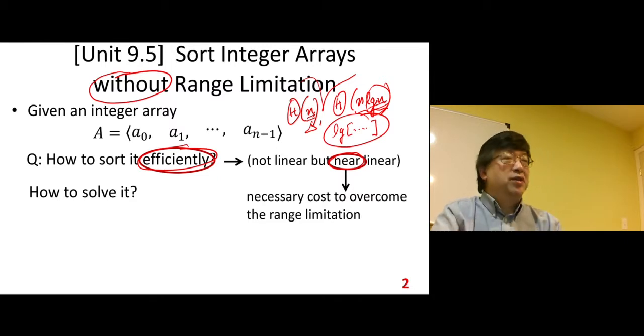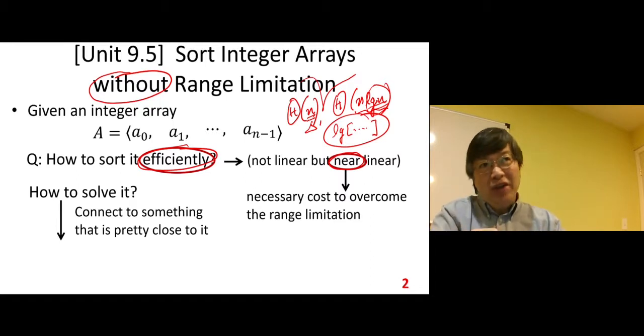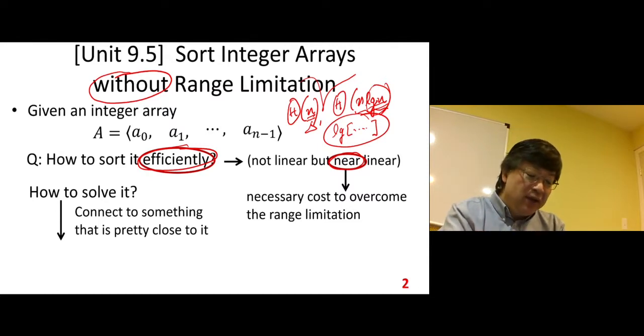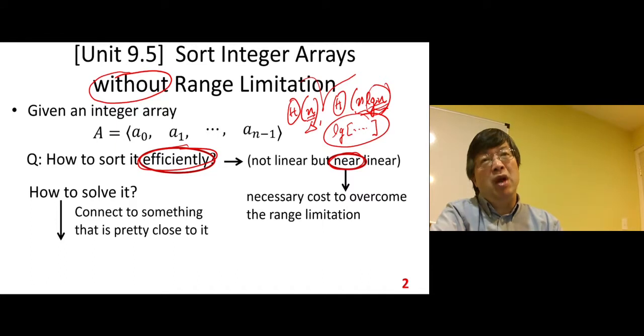How to solve it? Our general problem solving strategy in this situation is usually to connect the current problem to something pretty close to it. We just did one very close to it, but not exactly the same.